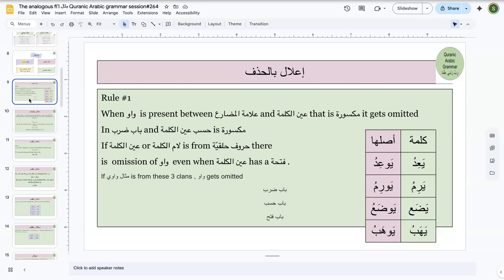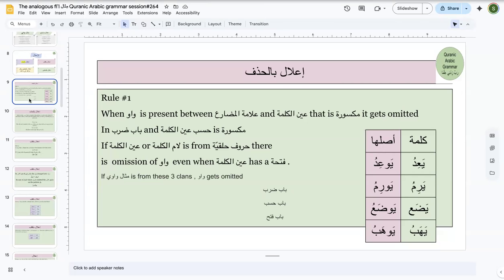But you have noticed that Waw can get omitted from other clans also if Ain and Lam Kalima are throat letters. Either if the second root letter or the third root letter is a throat letter, there can be an omission of Waw. The word does not have to be only from Fataha clan. It can happen in other clans as well, like Wasiya Yasa'u, right?